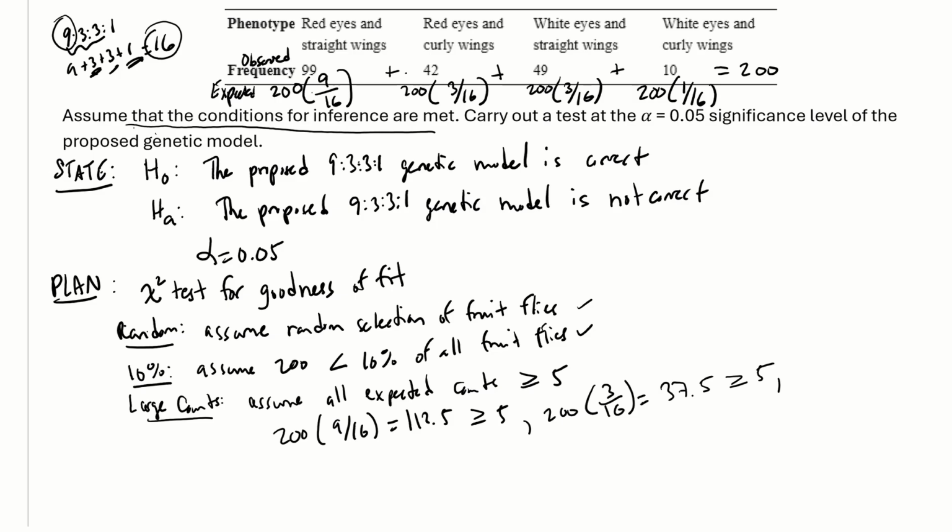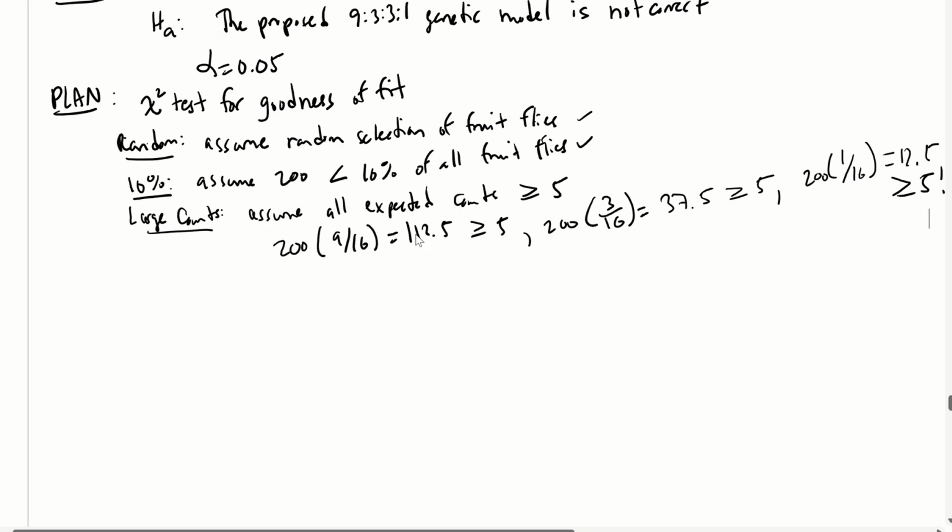And the last one is 200 times 1/16, that's just 12.5. I know they said to assume, but I wanted to show you how you would do that if they give you a question like that on the test, okay? So it passes. All these are greater than or equal to 5.